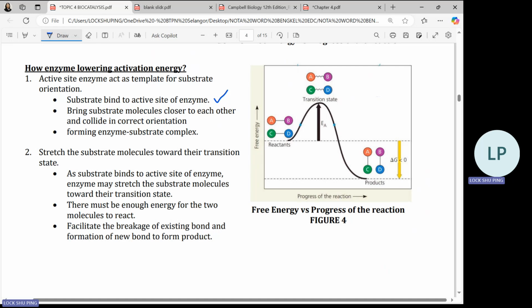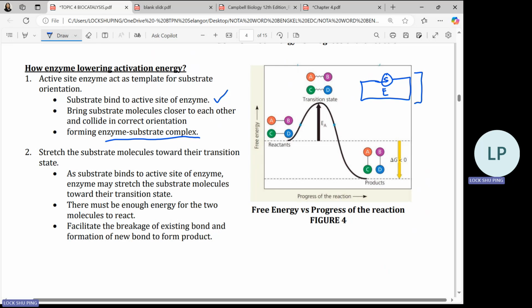If the substrate is not inside the active site of the enzyme, then the enzyme is not going to have any function in the chemical reaction. After the enzyme-substrate complex is formed, meaning that after the substrate has bound to the active site of the enzyme, the whole molecule is called the enzyme-substrate complex. Only then is the enzyme or the active site capable of reducing the activation energy.